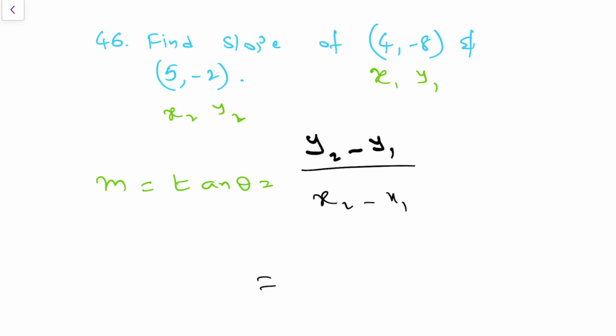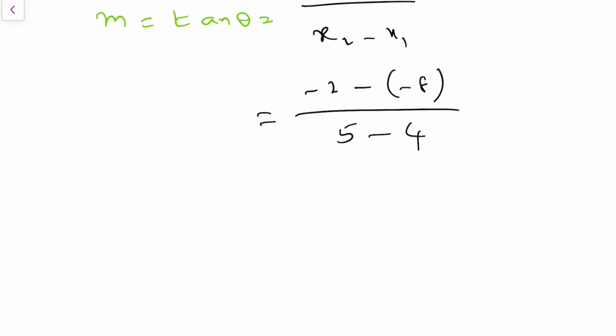Let us check: y2 minus 2 minus y1 minus 8, by x2 5 minus x1 4. Minus 2 minus into minus 8, plus 8, divided by 5 minus 4, 1. Minus 2 plus 8 is 6 by 1. 1 doesn't have any value, so 6 by 1 equals 6. So the slope of the given line segment with the 2 points is 6.